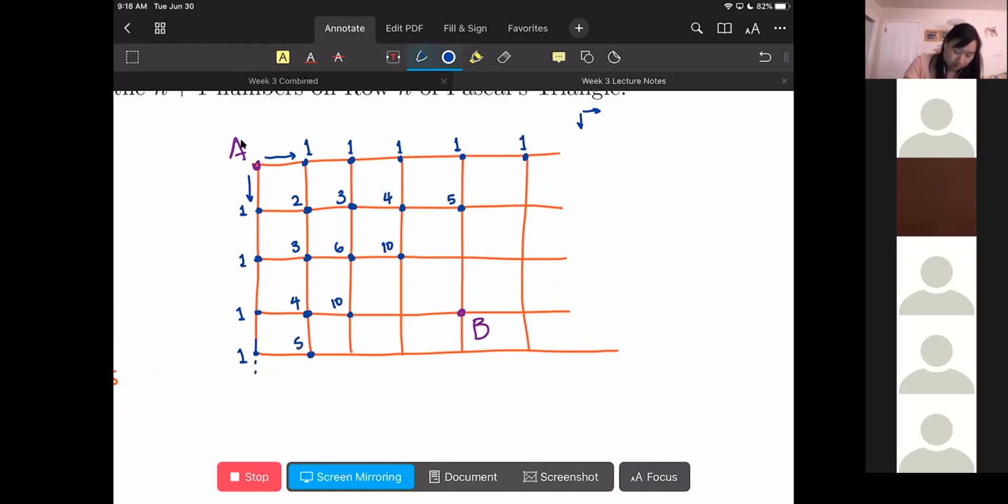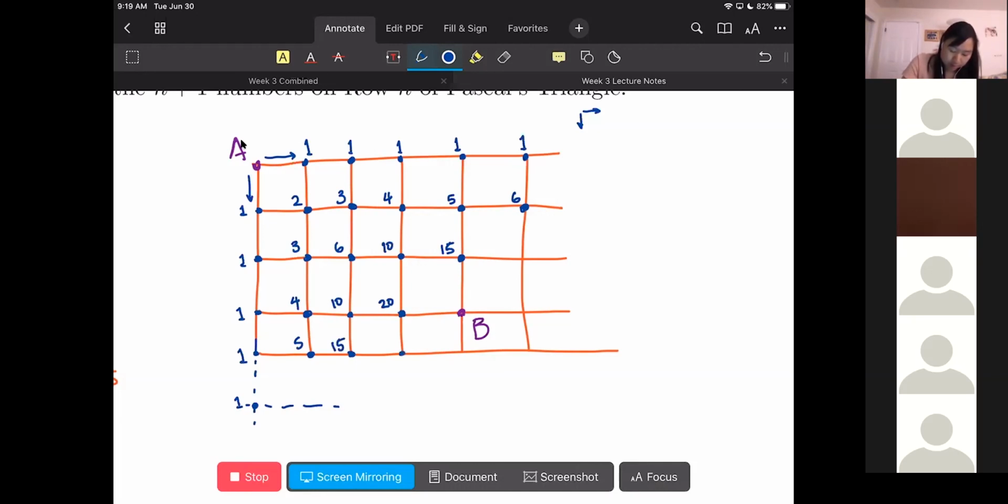And then, if the grid were to continue here, this would be 1. Let's keep going till we get to B. What about this one? 6. This one, 15. 20, 15.